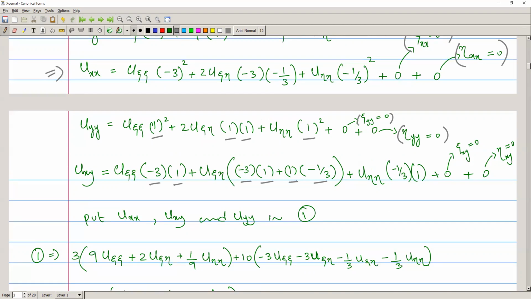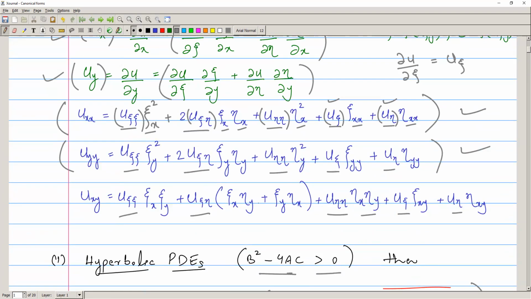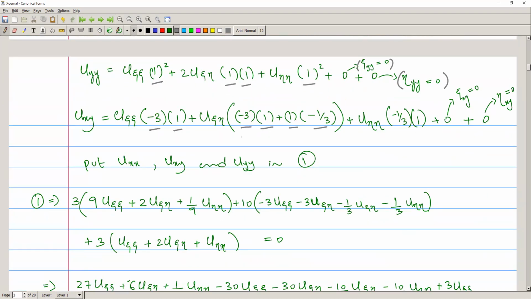Sorry, let us see in the equation. It's psi x eta y plus psi y eta x, right? So psi x eta y plus psi y eta x, you can see here, right?